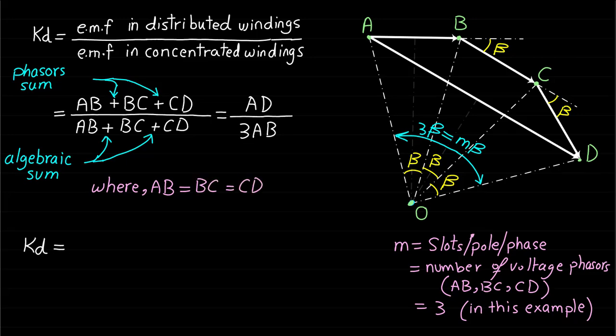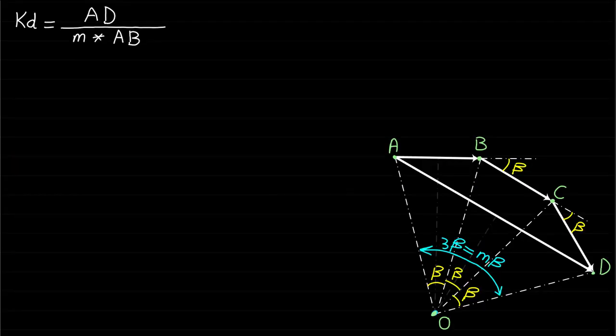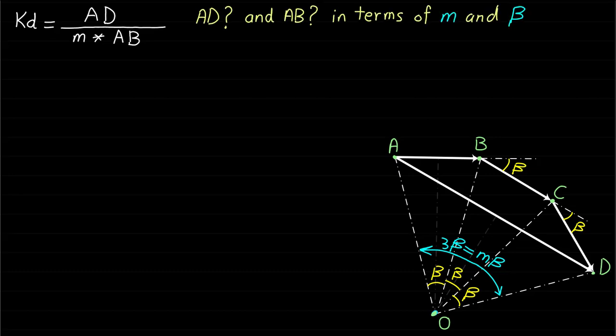Therefore, Kd can be represented by the phasor AD over 3AB. Now, to make this formula more general, Kd can be represented by AD over M AB. From this relationship, we need to identify AD and AB in terms of M and beta.